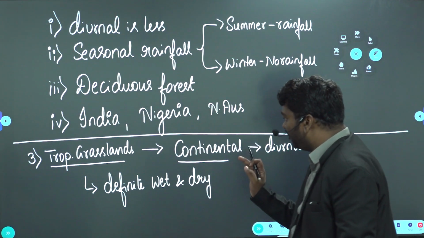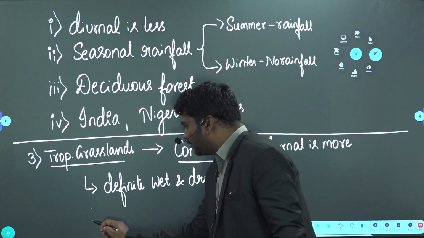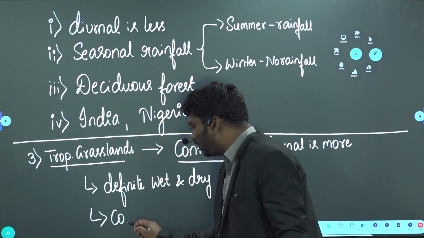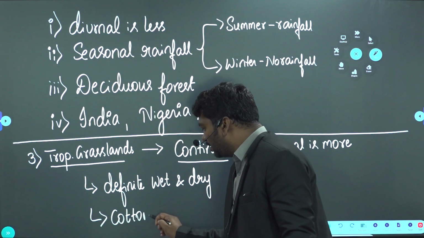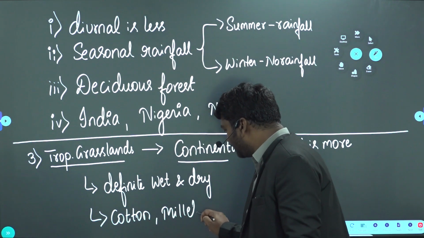Fine. Definite, wet and dry is tropical grassland. Cotton, millets is predominant.